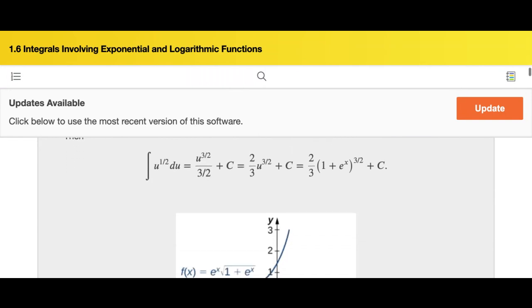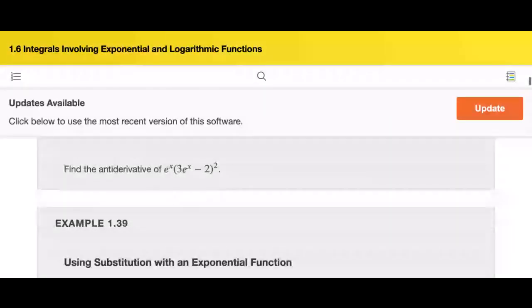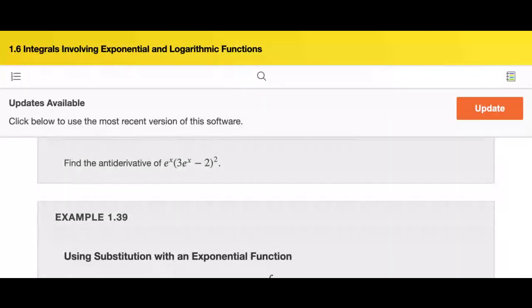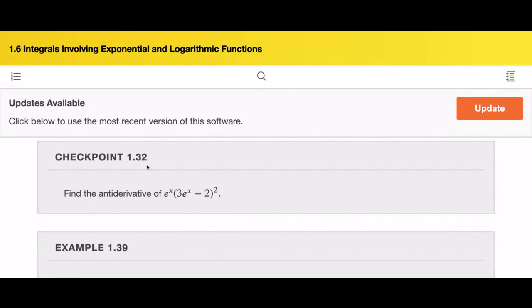All right, let's keep going. Let's see this one. You guys try 1.32. My hint is let u be 3 e to the x minus 2. So I'll do this. So we get the u squared.